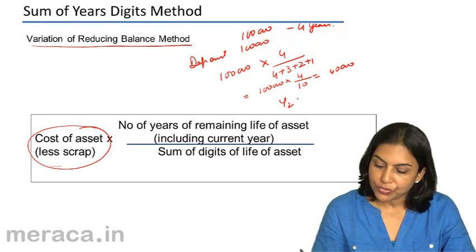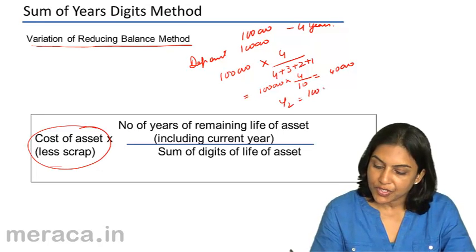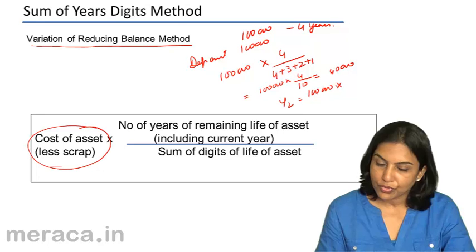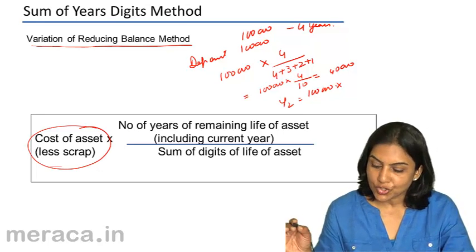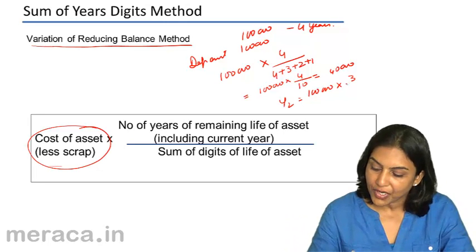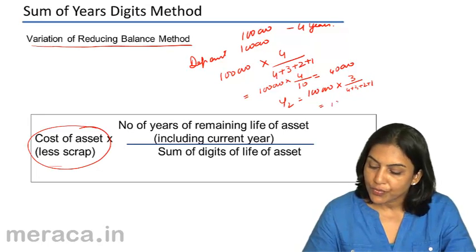In year 2, it would be depreciable amount into, at the end of year 2, the remaining life of the asset is 2 plus the current year, 3, divided by, again 10, the same thing, 4 plus 3 plus 2 plus 1, which is equal to 1 lakh into 3 by 10, equal to 30,000.